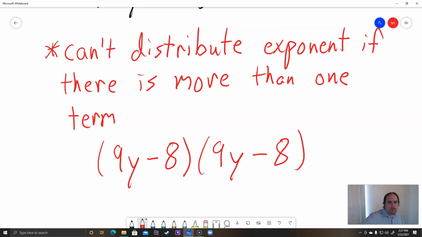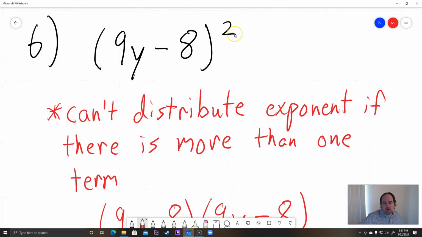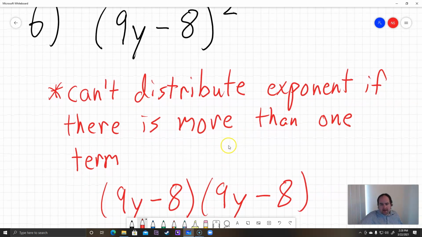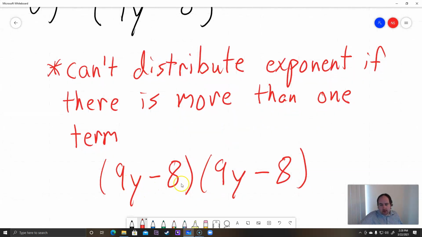Because remember, an exponent of 2 means that you multiply 9y minus 8 a total of two times. So there's two factors of 9y minus 8. Okay, so because the rules of math and the universe say that we can't distribute the exponent if there's more than one term, we have to do the next best thing, which is to rewrite it as 9y minus 8 times itself.